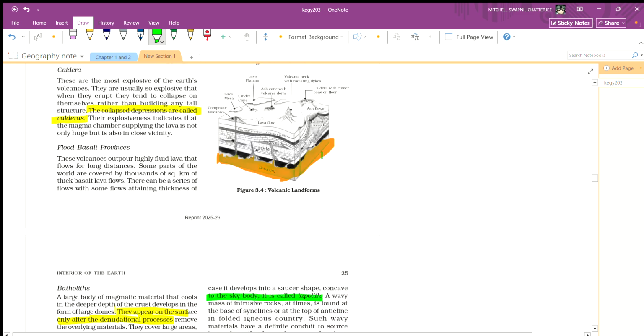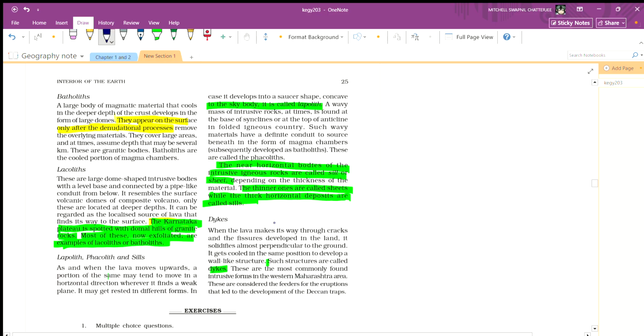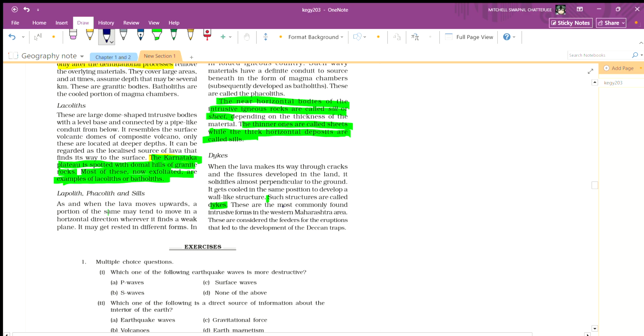Let's see what a dike is. Okay, this is the dike. This is the most commonly found intrusive form in the Western Maharashtra area.